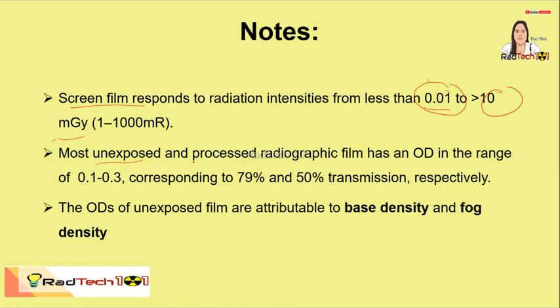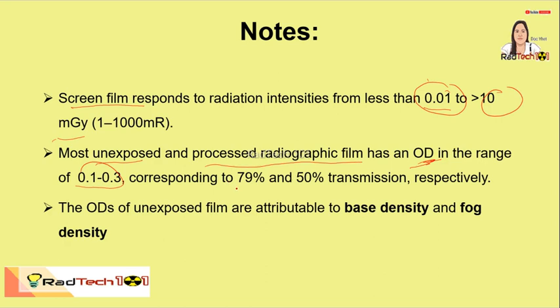Most unexposed and processed radiographic film, for example, we did not expose it from the box but we developed and processed it, it still has an optical density even without actual exposure. And the optical density ranges from 0.1 to 0.3.